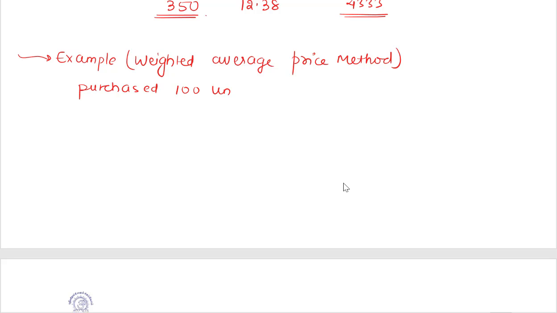Purchased 100 units at rupee 11. Purchased 150 units at rupee 11.5.